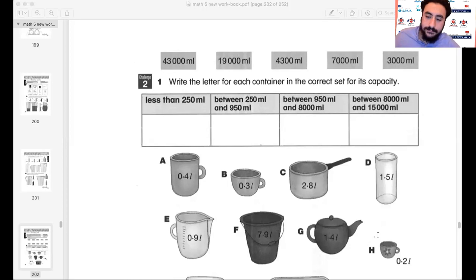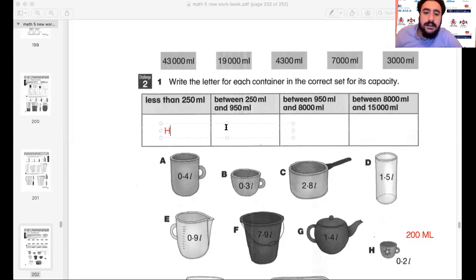Because if we convert it to milliliters, it will be 200 milliliters. Excellent. If I convert this into milliliters, it's going to be 200 milliliters because I'm going to multiply by 1,000. So move the decimal point one place and then add the 2 zeros. So it's going to be 200 milliliters. So here I'm going to write letter H.